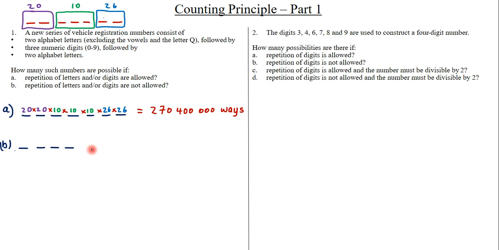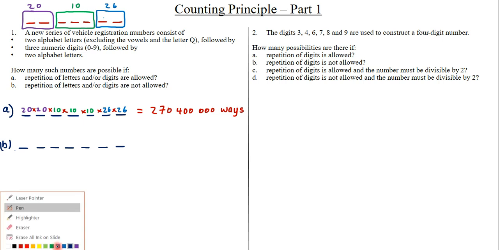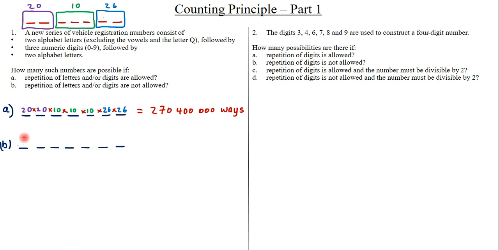Starting off with the first part, because I'm still choosing, I have 20 options. Once I pick one out of those 20, I'm going to be left with 19. So for this part I'll have 19 options to pick from, because the option I already used shouldn't be in this second position.